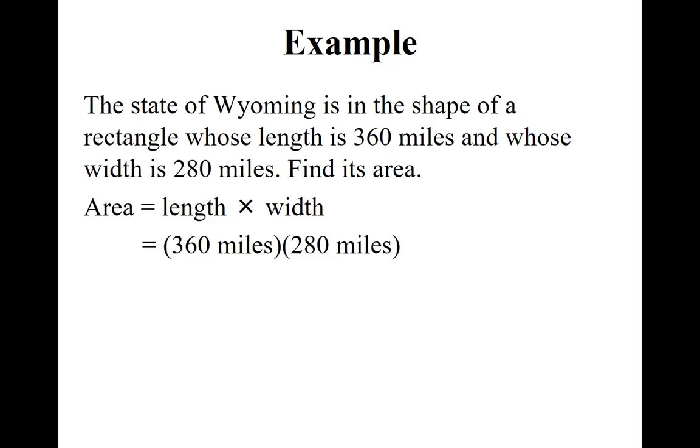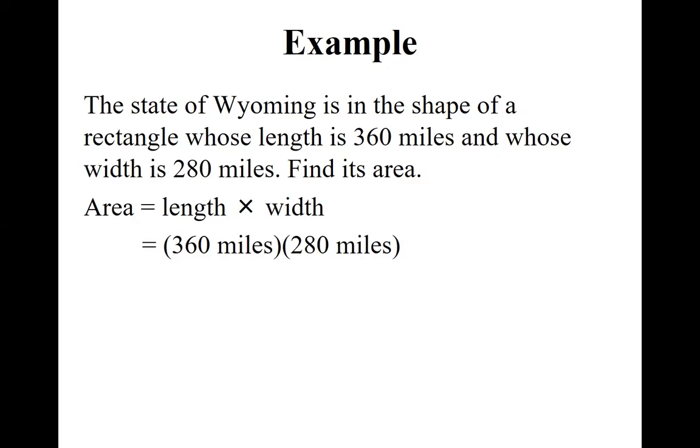0 times 360. Get an answer. Move over. 8 times 360, get an answer. Move over. 2 times 360, get an answer. Add the three partials together, being sure that you moved over one every time.